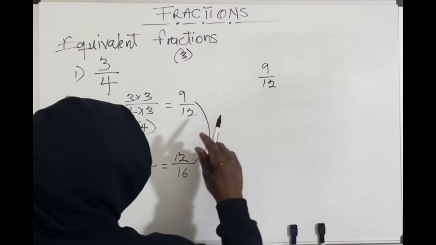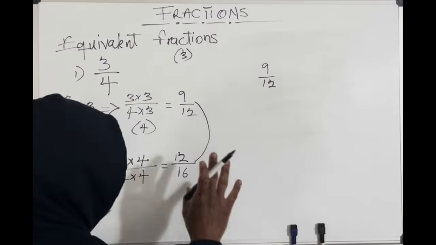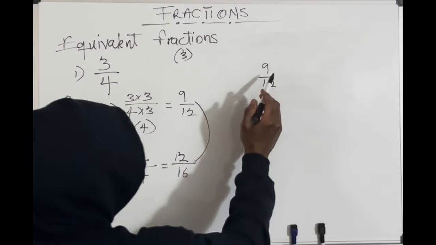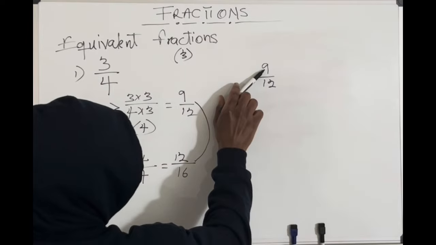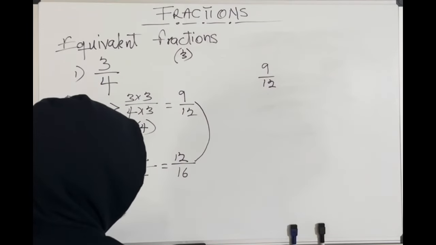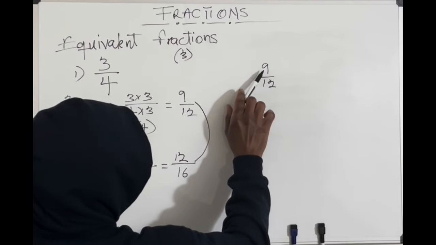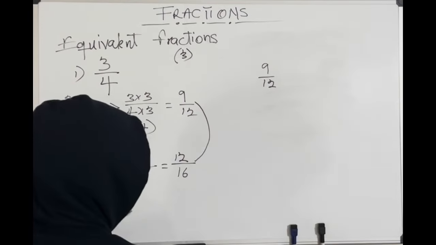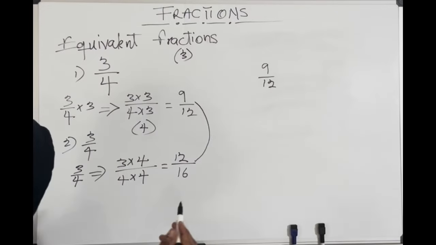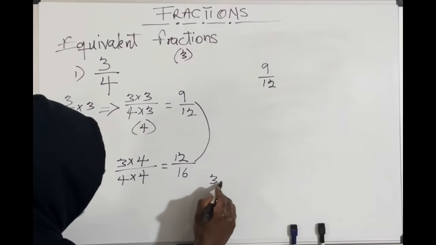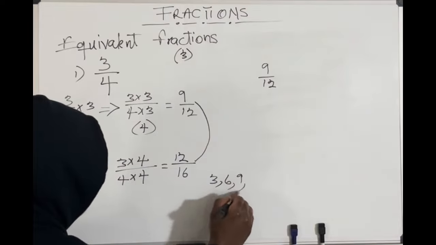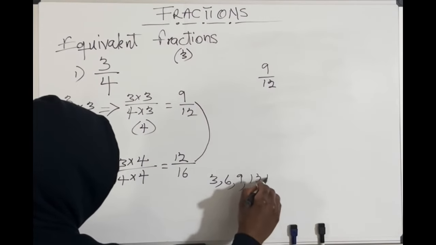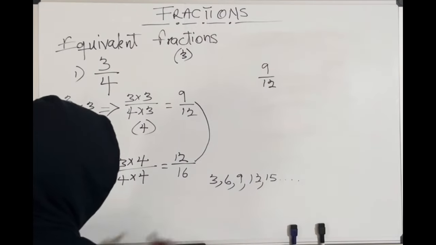9/12. When you are told to bring it to its simplest form, you will get a number that will be able to go through the 9 and at the same time the 12. And then I think 3 will do, right? So 3 times what number will give you the 9? Let's go back. 3 1s are 3, 3 2s are 6, 3 3s are 9, 3 4s are 12, 3 5s are 15, and so on.